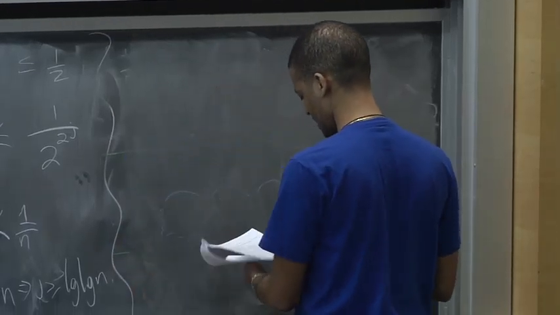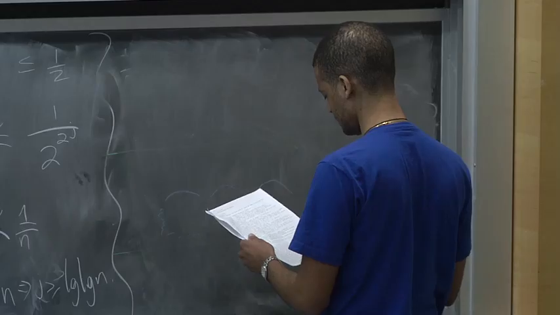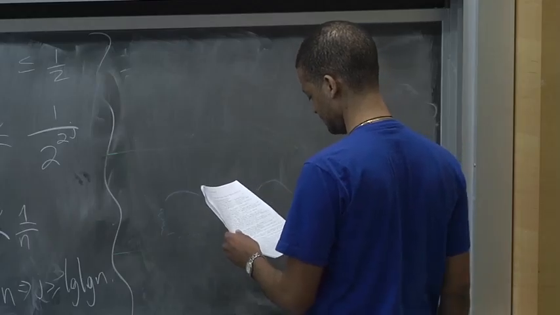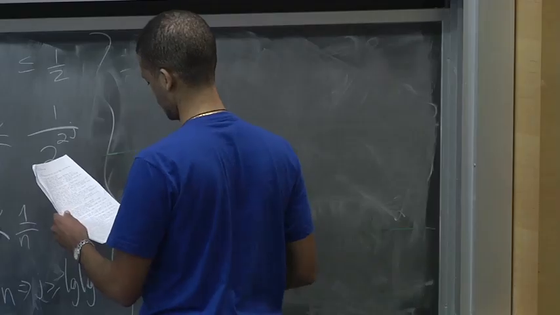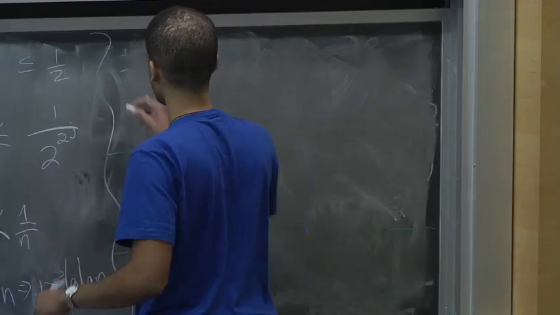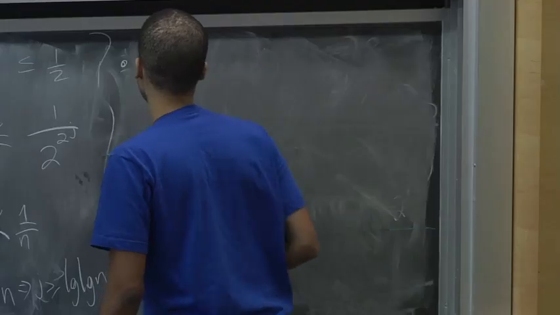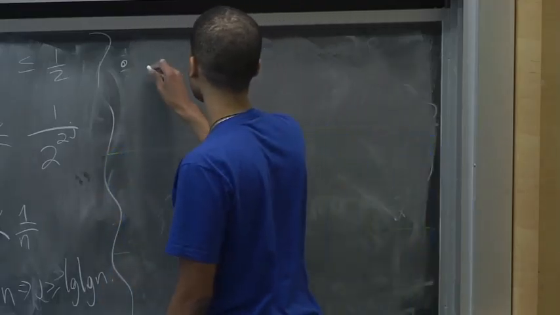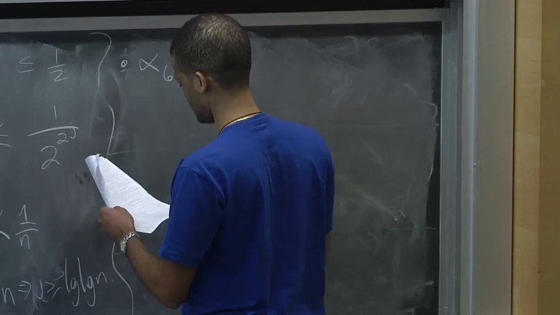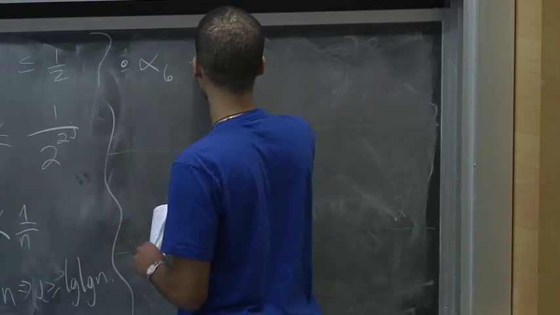So now what we're going to do is make this a little bit more rigorous. Let's define alpha_6 equal to n over 2e.